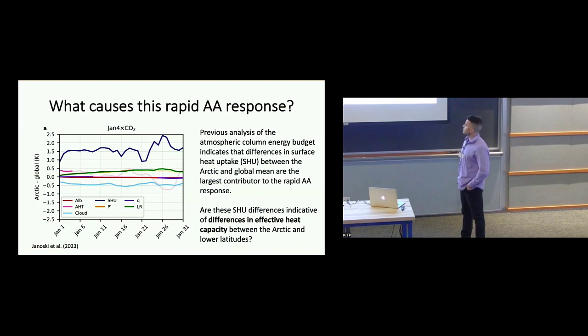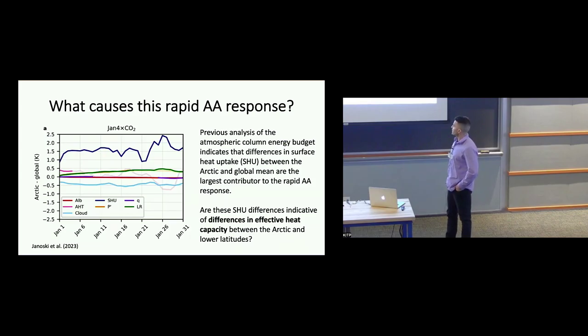And so the way to think about that is that on these time scales, there's an increase in the net energy flux into the surface, both in the Arctic and in the global mean, but that increase is larger in the global mean than in the Arctic. So when you look at the difference here, it shows up as a warming contribution that's enhanced in the Arctic compared to the global mean.